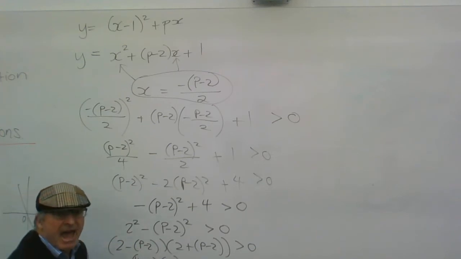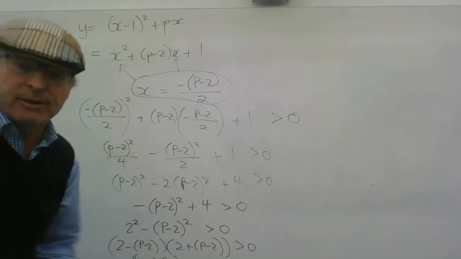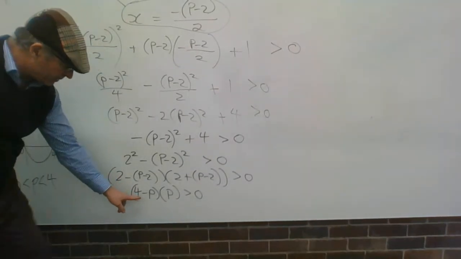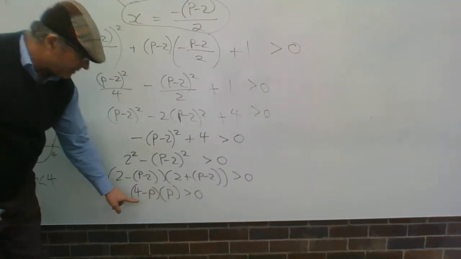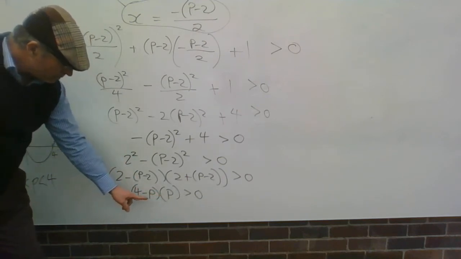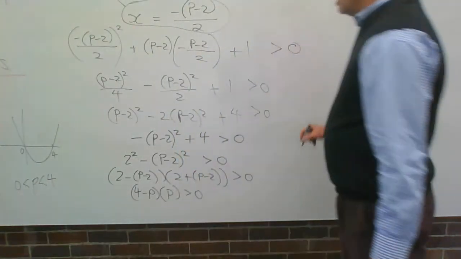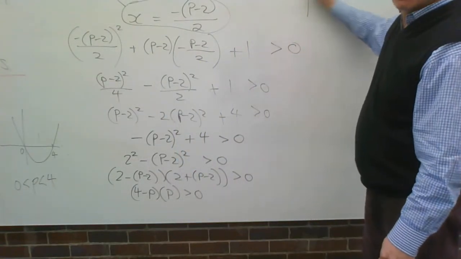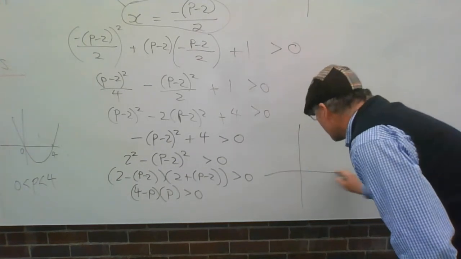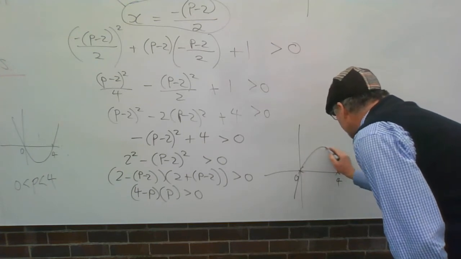This is a sad parabola because it'll be minus p squared. So we've got a sad parabola going through 0 and 4. We want to know where it's bigger than 0. Once again, if I draw up a quick picture, 0, 4, sad parabola.